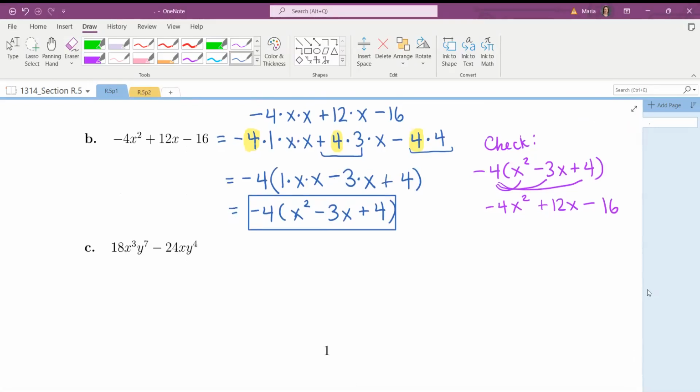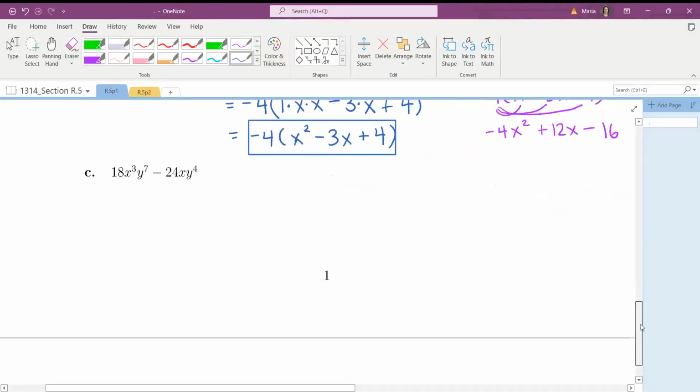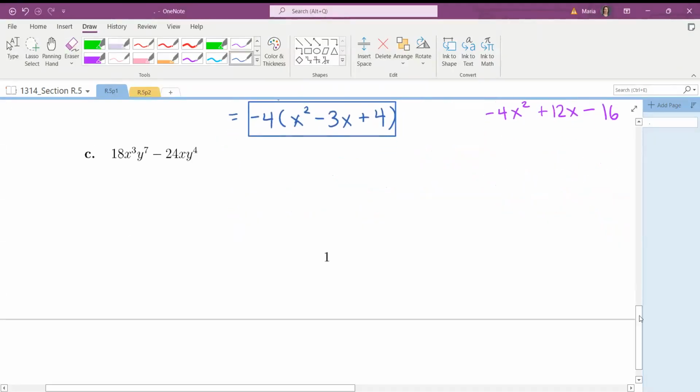Up here in part B, like I said, I broke down the 4s and I really didn't need to because both 12 and 16 were divisible by 4. But here, 18 does not divide into 24, so I am going to have to break down the numbers here. The biggest number I can think of that goes into both 18 and 24 is 6.